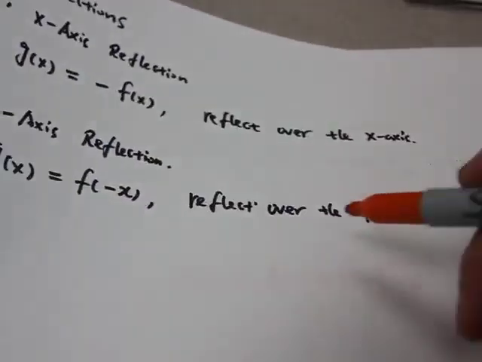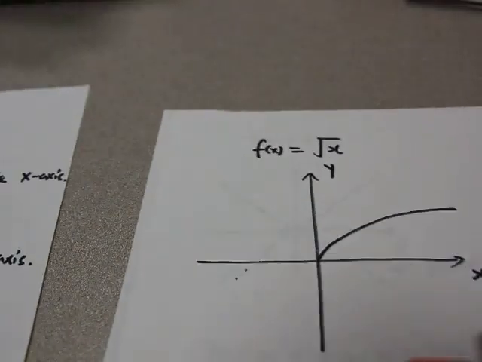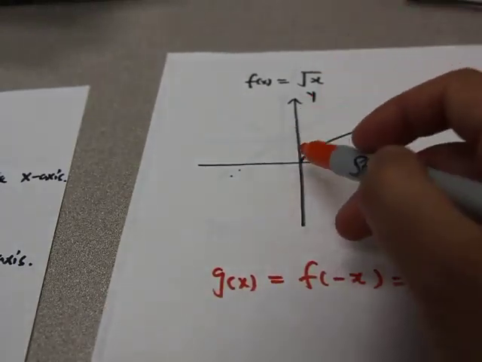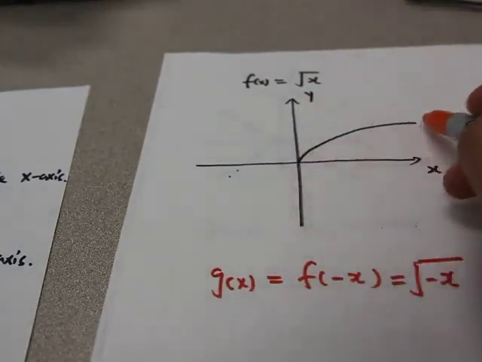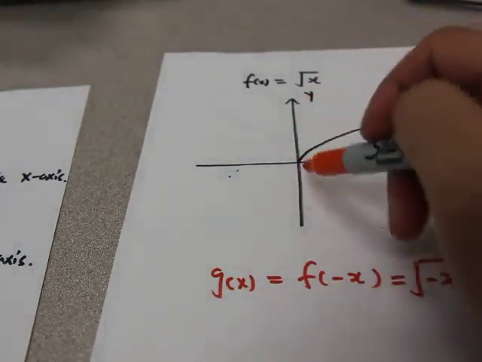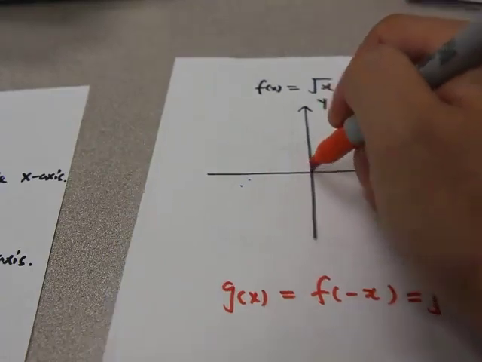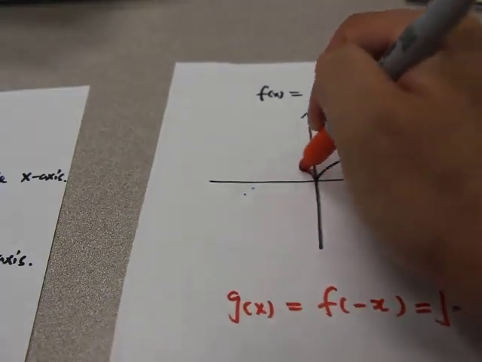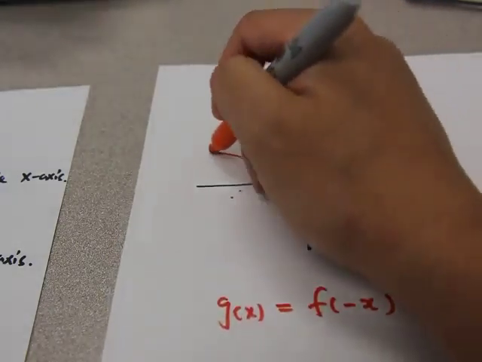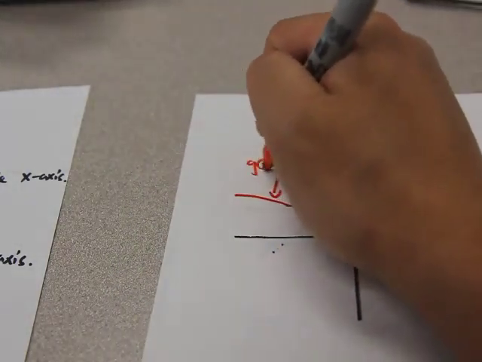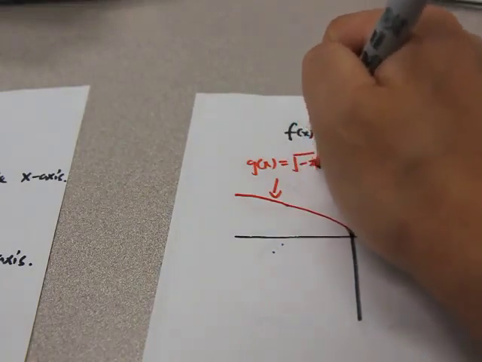So according to this definition, the graph of g(x) is generated by reflecting this piece over the y-axis. So we will get something like this. So this is the graph of g(x).